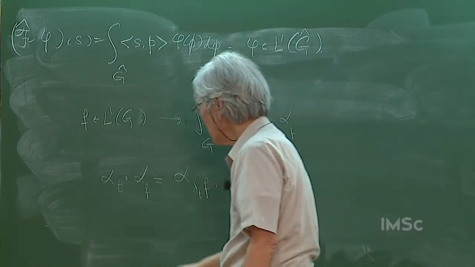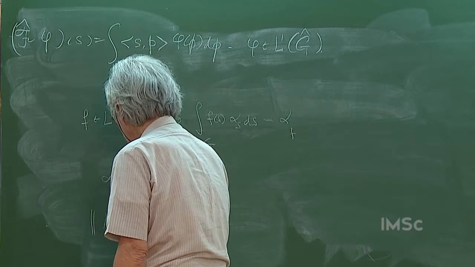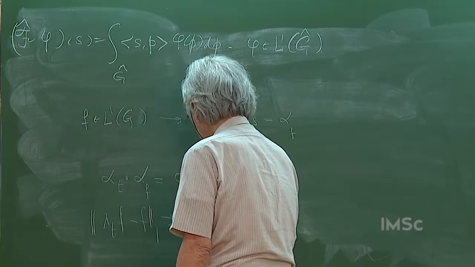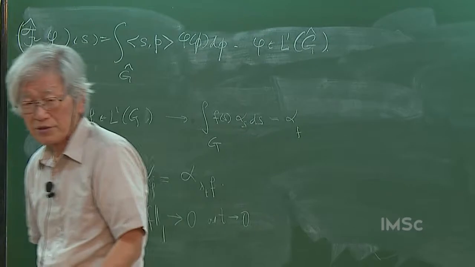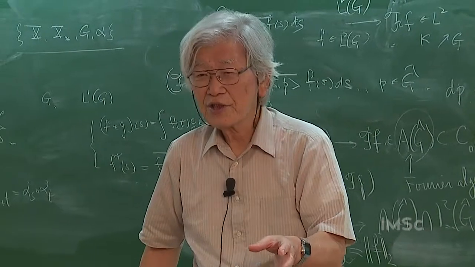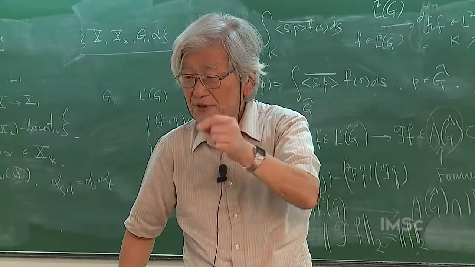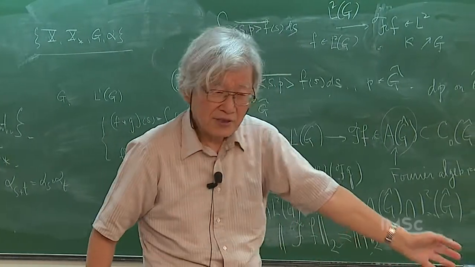And we know that the L1 norm of lambda_t f minus f goes to 0 as t goes to 0. That is, translation is continuous on L1, pointwise, if you fix the L1 function.